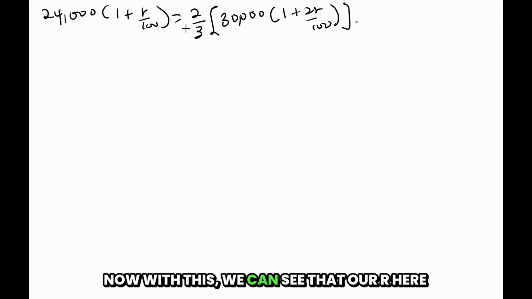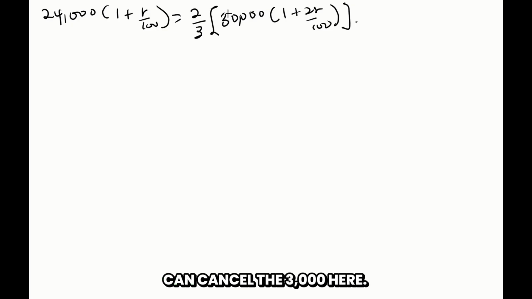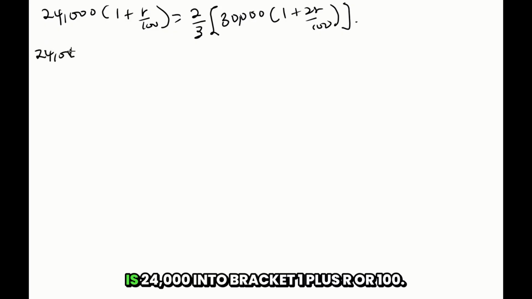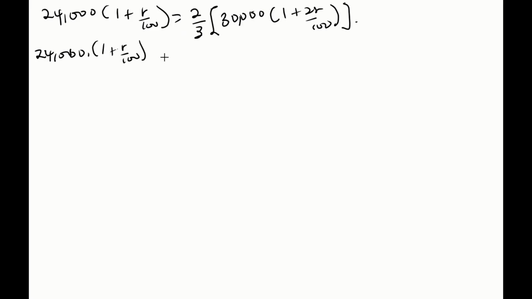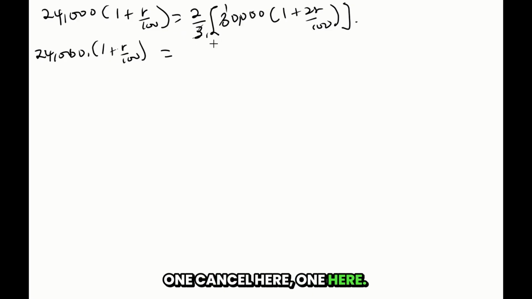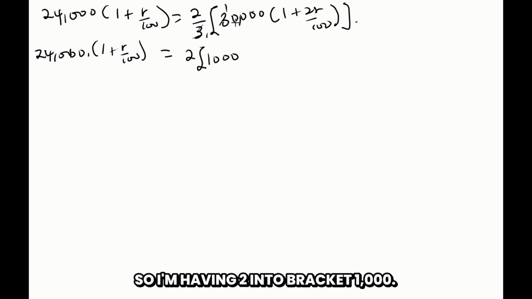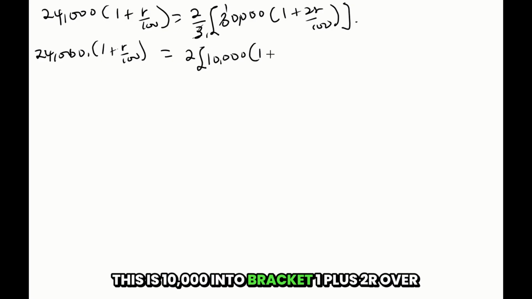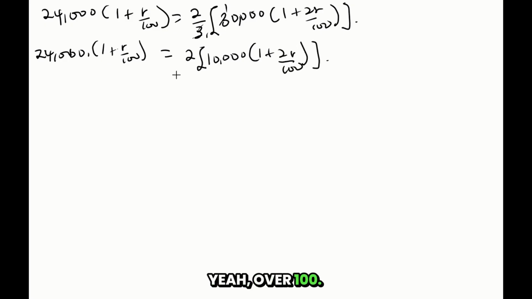Now with this, we can see that our 3 here can cancel the 3,000 here. So this is what we have: 24,000 into bracket 1 plus R over 100 is equal to 2 into 10,000 into bracket 1 plus 2R over 100.